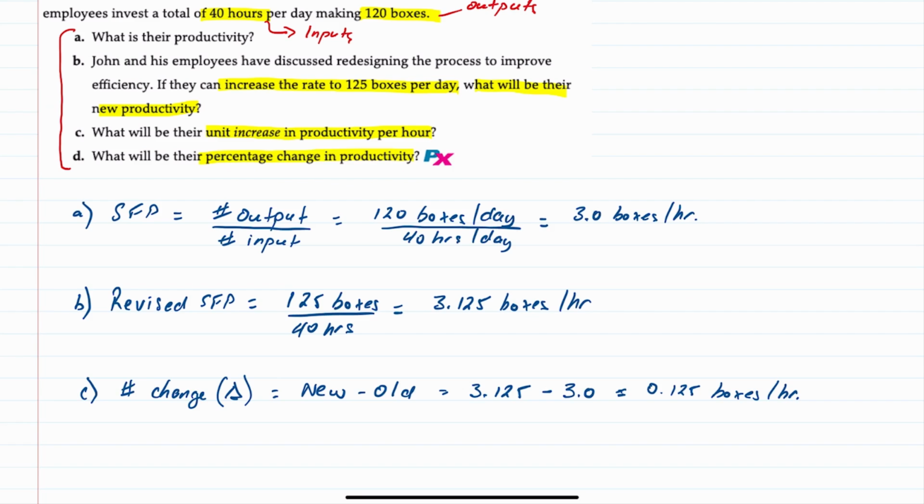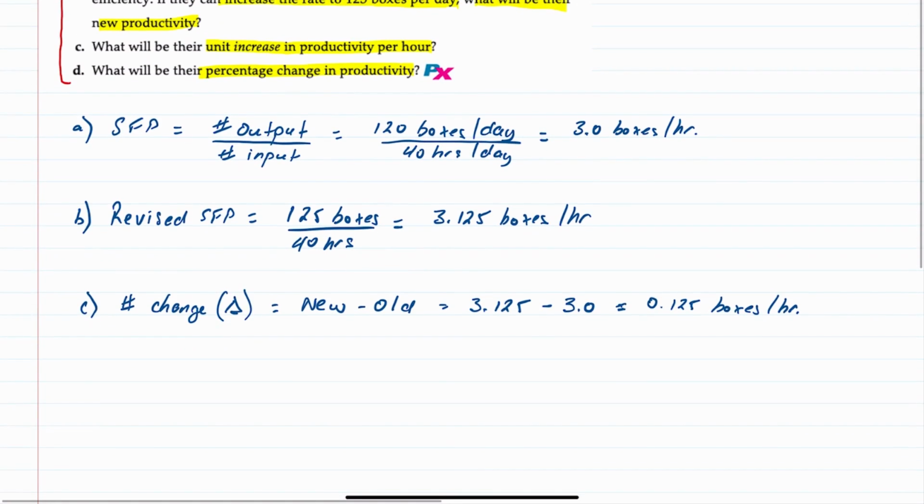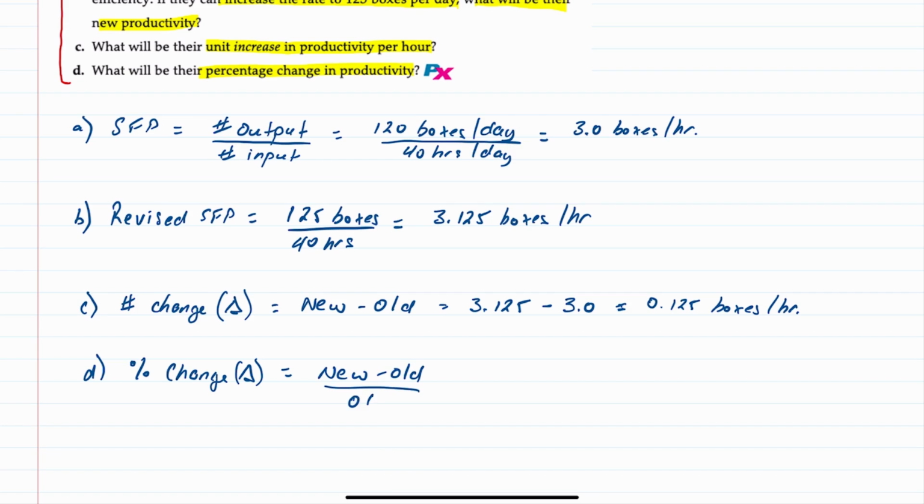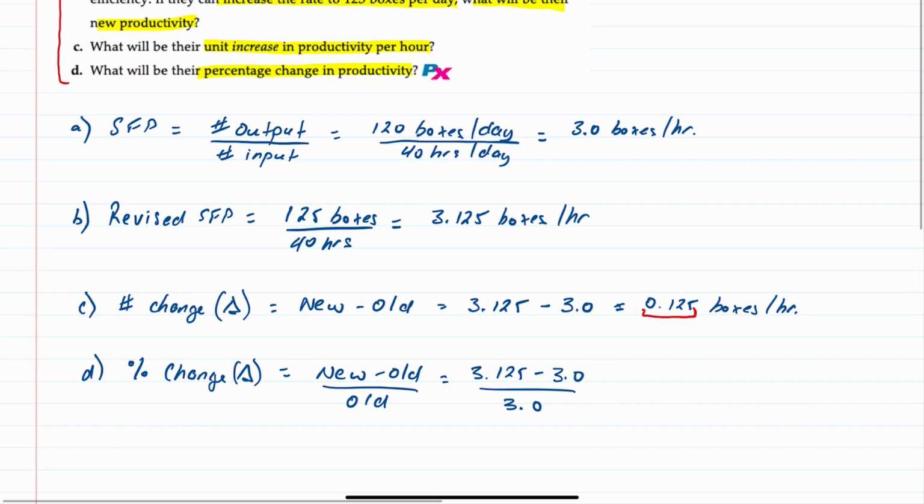Requirement D has us look at determining the percentage change in productivity. Well, the percentage change is actually based on the unit change. The percentage change, so you could actually do this in 2 ways. The first is to take the new minus the old over the old productivity. So this gives us 3.125 minus 3.0 divided by 3.0. And of course, this 0.125 is actually the answer to that part.